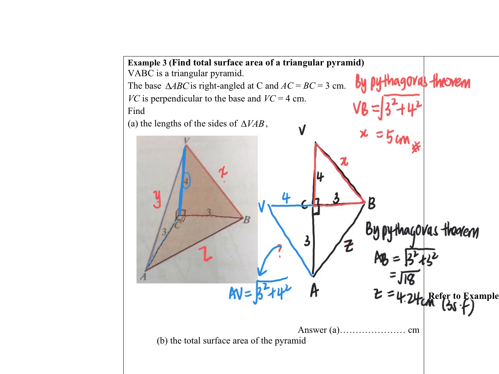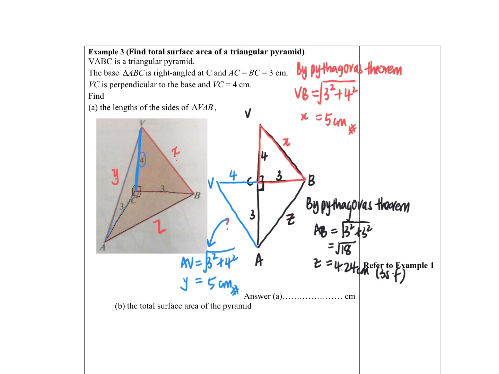So it's also 5 cm. So these are the 3 lengths that I have. So although the answer blank only got 1 line, you can write VB is 5 cm, AB is 4.24 cm, okay, and AV is 5 cm.